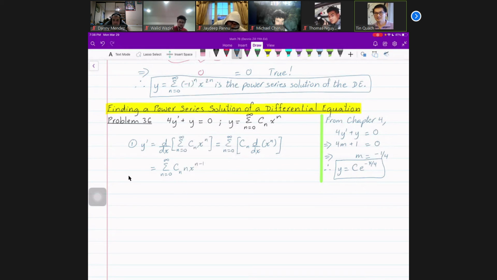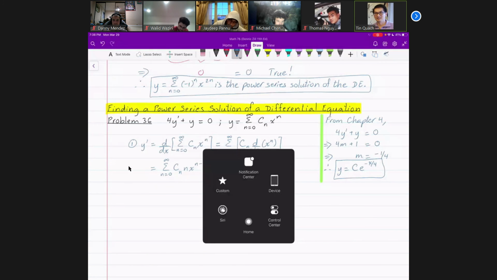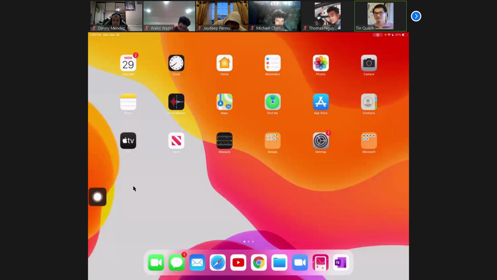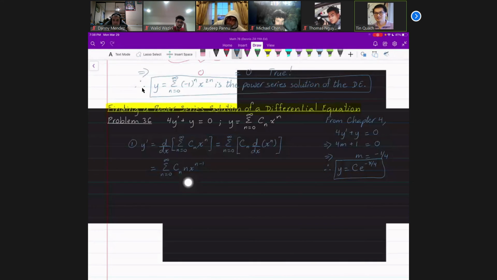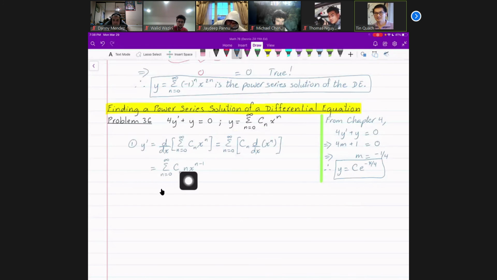But when n is equal to 0, the first term is 0, so you throw it away. So when n is equal to 1 and on, you have the terms.